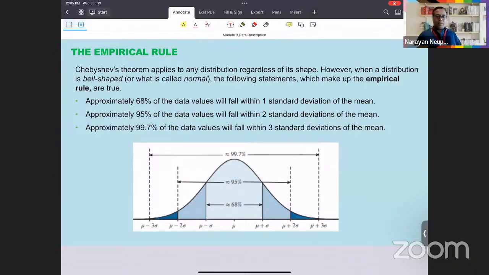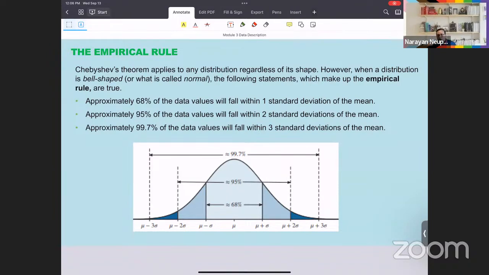And the last one that we have started is the measure of position. In measure of position, we do three: z-score, quartiles, and percentile.